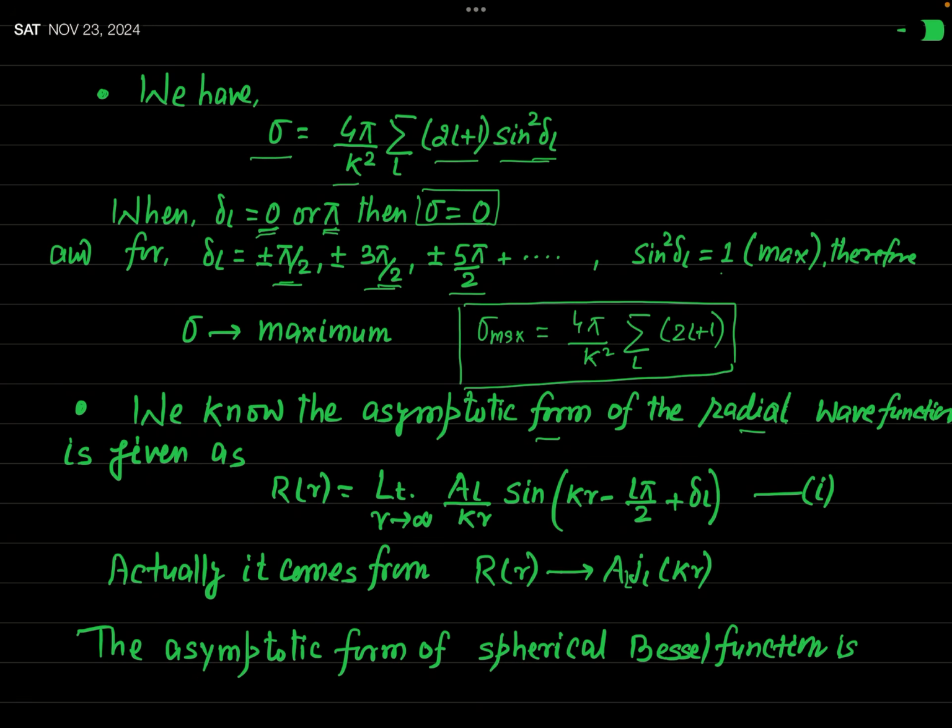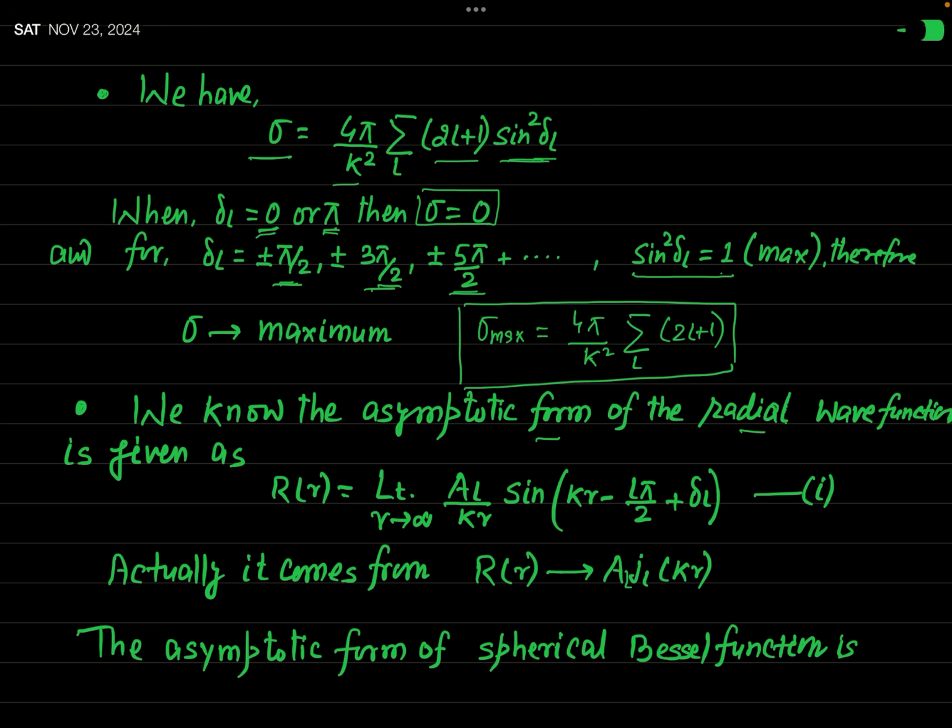But if you take delta L equal to plus minus pi by 2, or plus minus 3 pi by 2, or plus minus 5 pi by 2, then sine square delta L, you know, is equal to 1. And this 1 is actually the maximum value of sine square delta L. And if sine square delta L is maximum, definitely for a given value of L, sigma will be maximum.